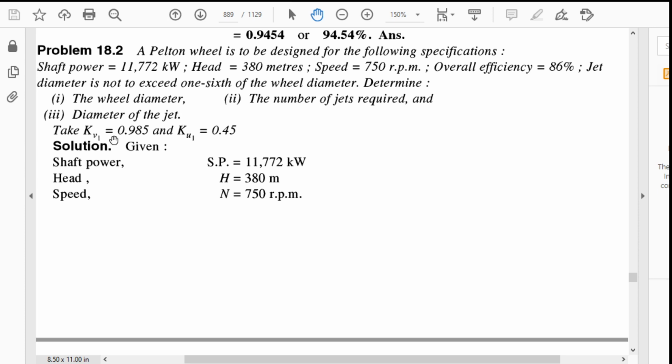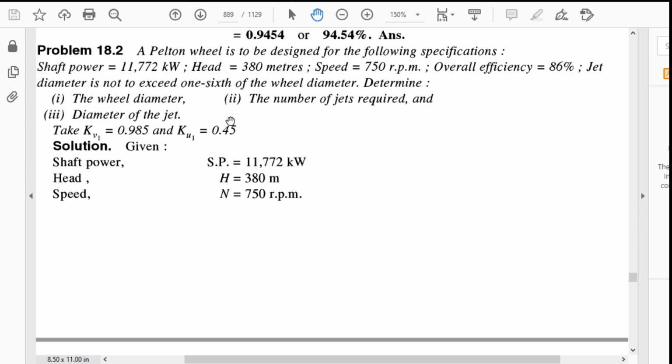Take KV1 equals 0.985 and KU1 equals 0.45. Here they have given the shaft power, or the power P. Head, that is net head, H equals 380 meters.